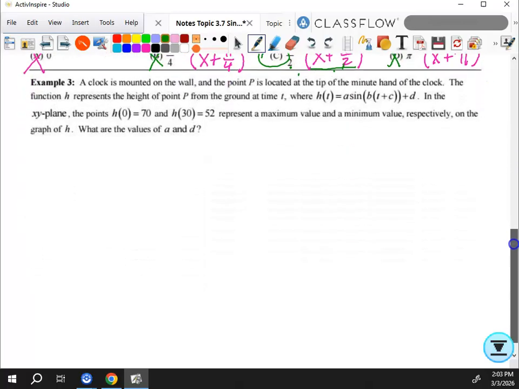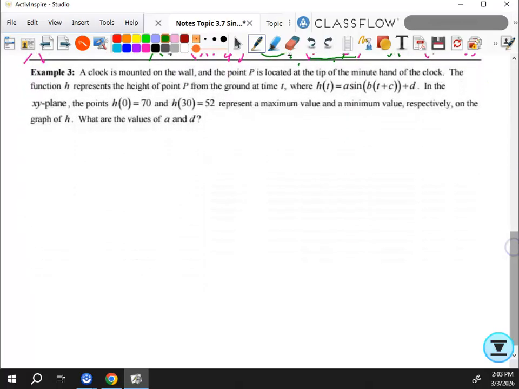All right, so we got another clock question, but it is a different clock question this time. A clock is mounted on the wall, and the point P is located at the tip of the minute hand of the clock. But I don't know where the minute hand is yet. It says the function h represents the height of point P from the ground at time t, and this is going to be a sine function.